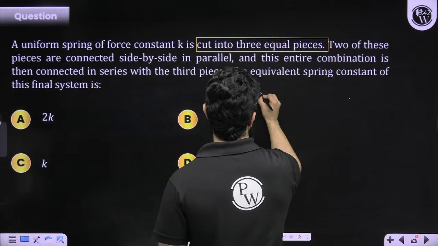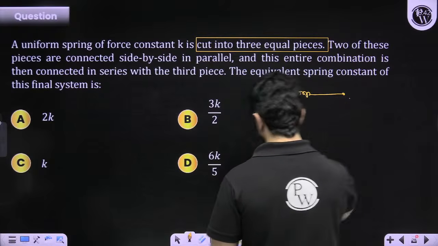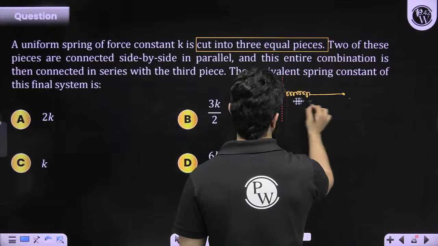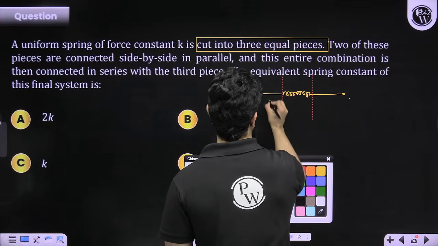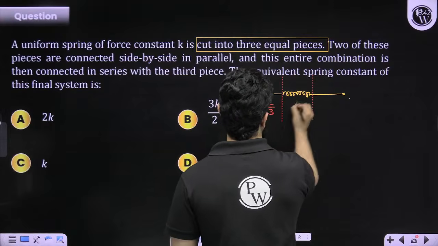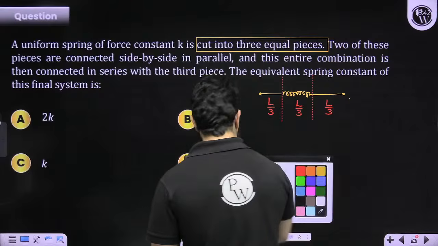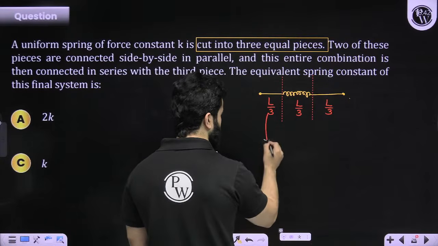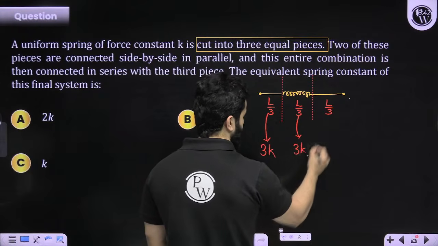That means you have got a spring and then you are cutting it into 3 equal pieces. So this is L by 3, L by 3, L by 3. Please remember that when you cut them, their spring constants will become 3 times: 3K, 3K and 3K.